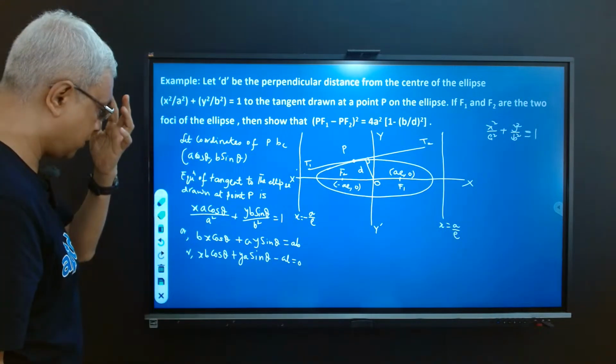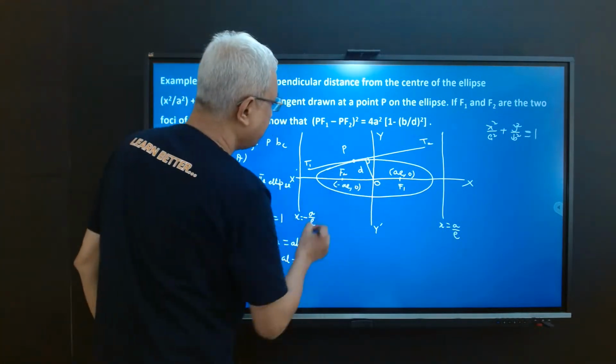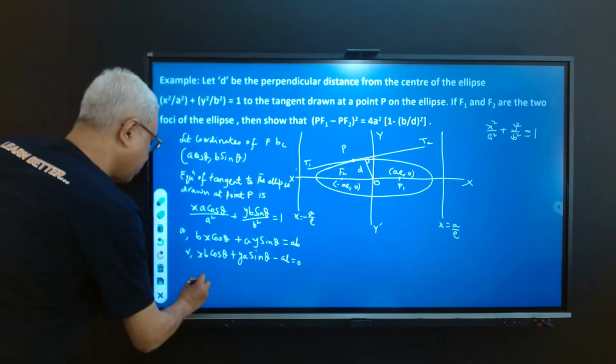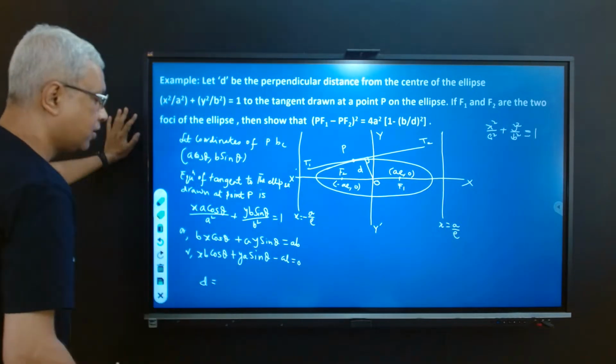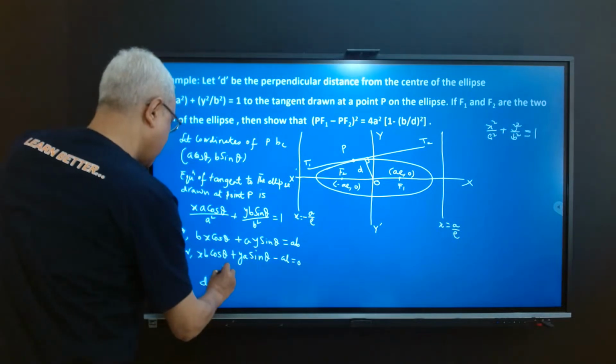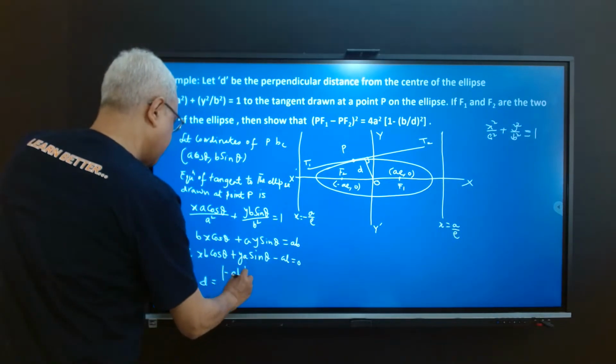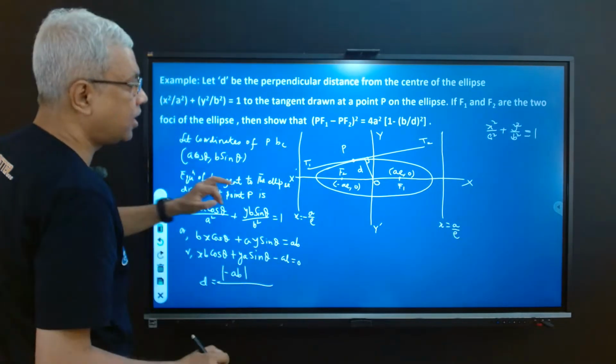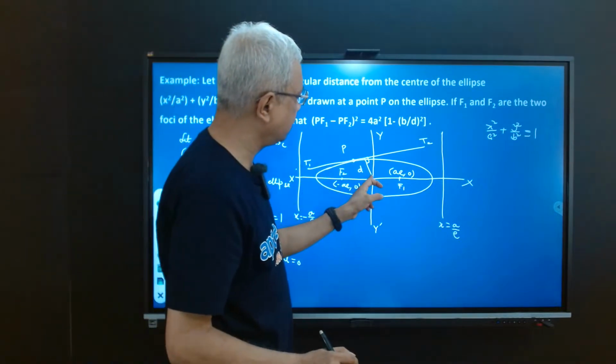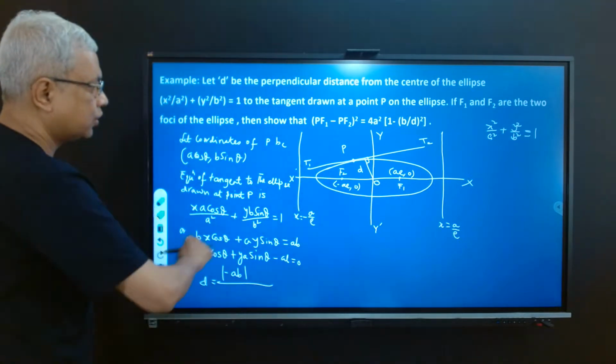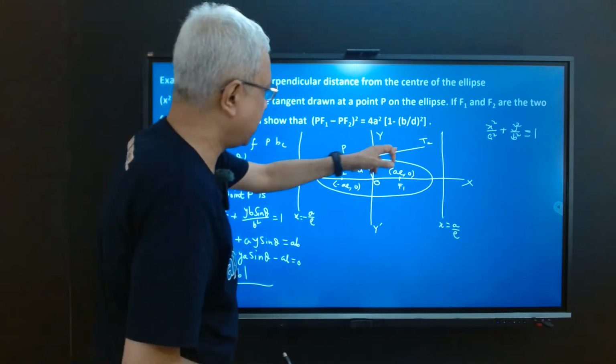And therefore, what is the measure of D? D is the perpendicular drawn from 0, 0 to this straight line, the tangent.